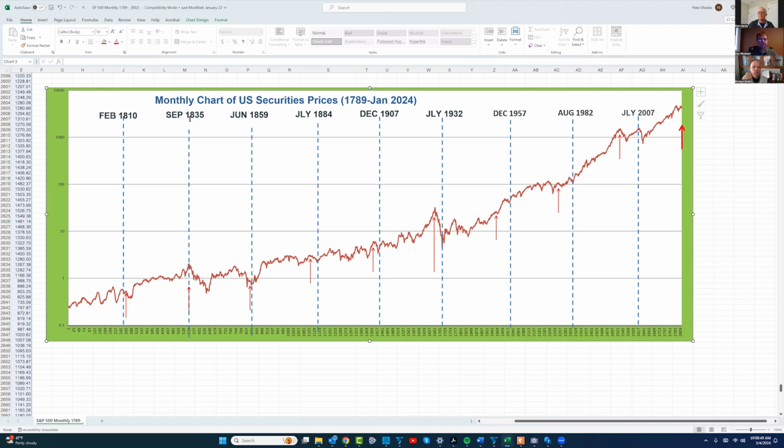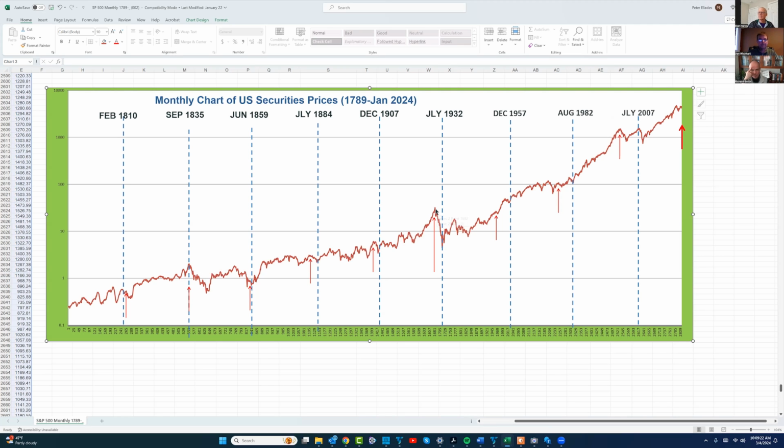That was September of 1835, and this top here, which was 1929. We can see those two declines were the greatest in the history of the security prices that we have, going back to 1789. So I looked at this chart and I said, okay, let's just do a very simple, simplistic cycle analysis. It won't be statistically significant, but let's just measure the distance from this very important high to this very important high.